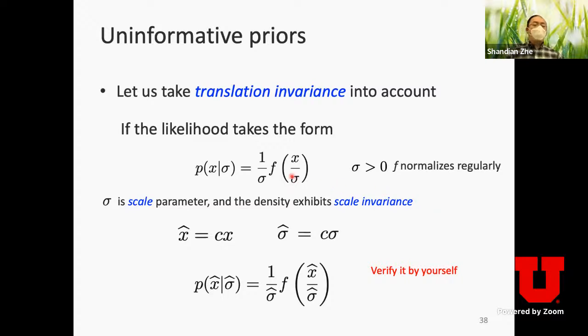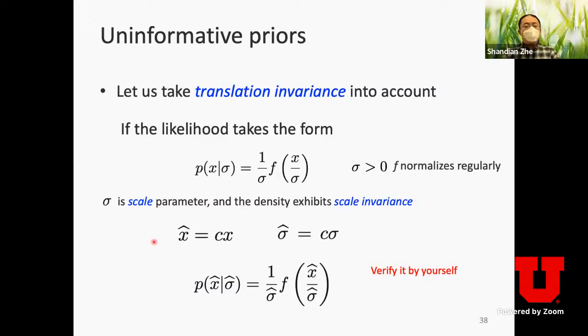Why? Because the likelihood is only determined by the ratio of x and the random variable sigma. So if you multiply both x and the latent random variable sigma by a constant c, by applying the random variable transformation and calculating the density, you'll find that the likelihood doesn't change at all.